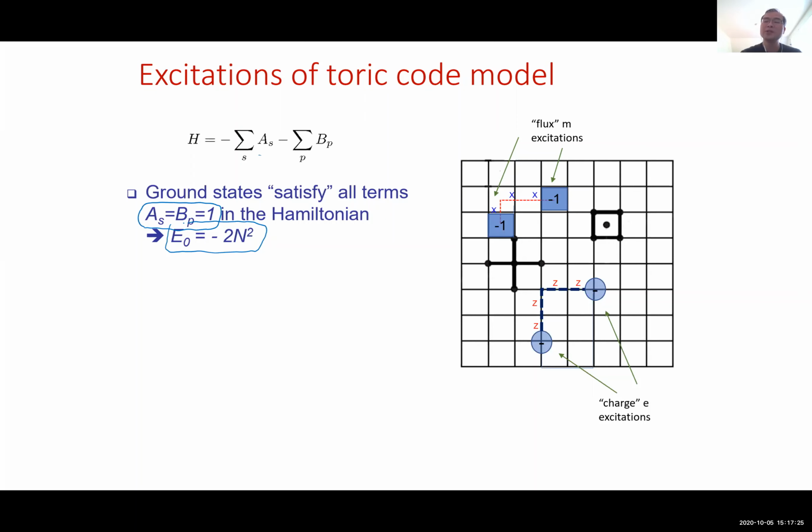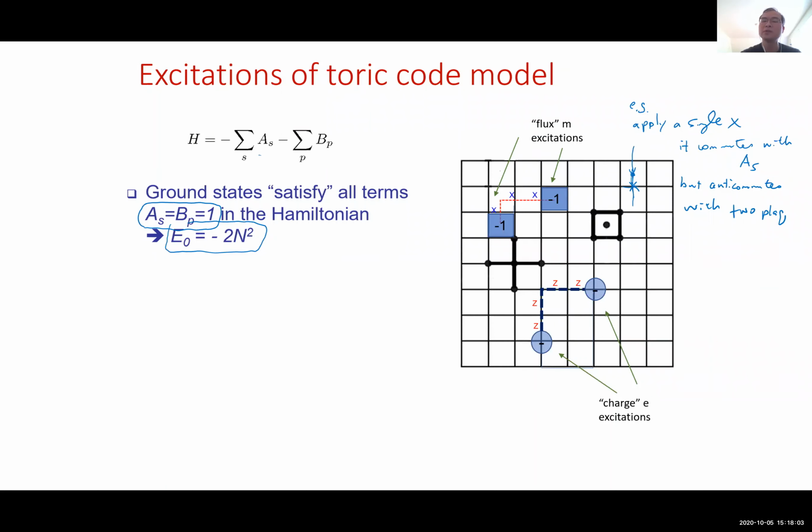This means the ground state has this energy. To create excitation, you could just, for example, apply an X. If I apply a single X, it commutes with AS, the star operator, but anti-commutes with 2 plaquette operators. So the 2 plaquette operators are on this side and that side.